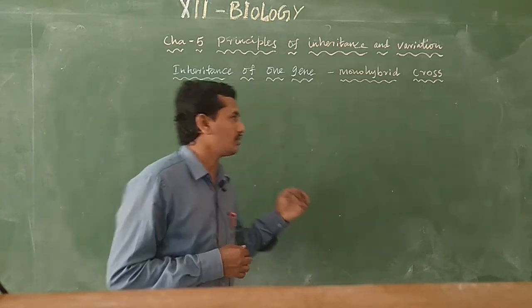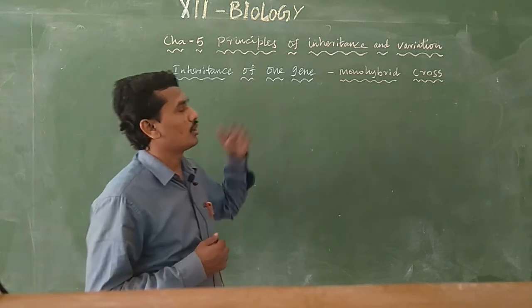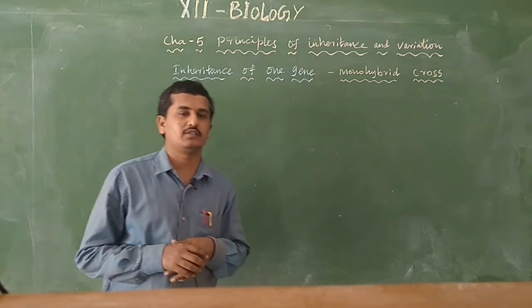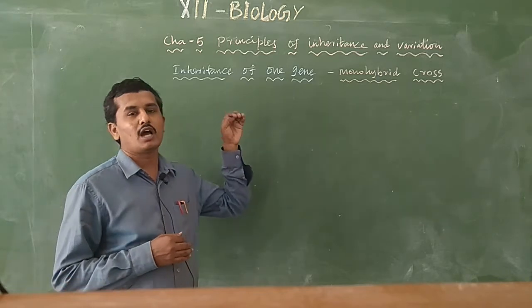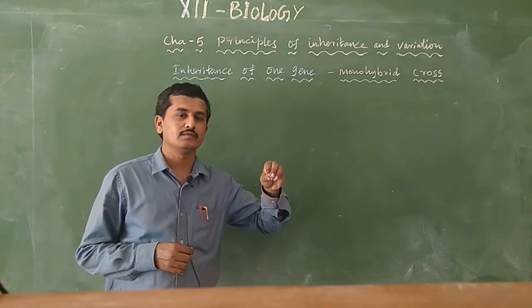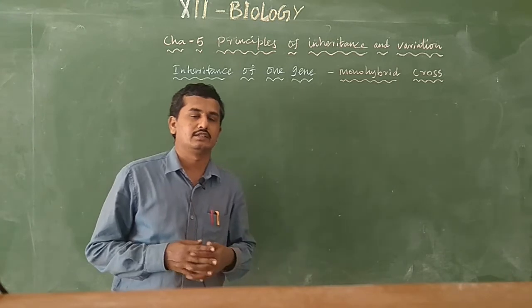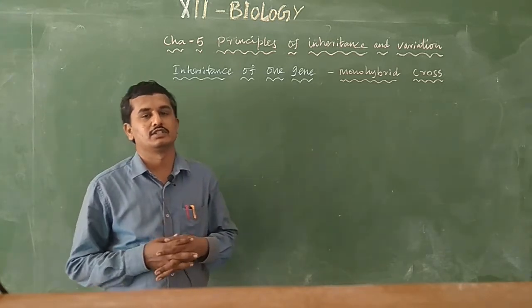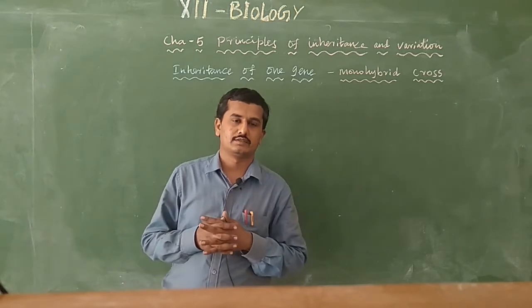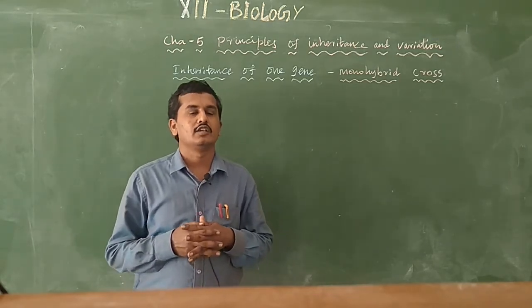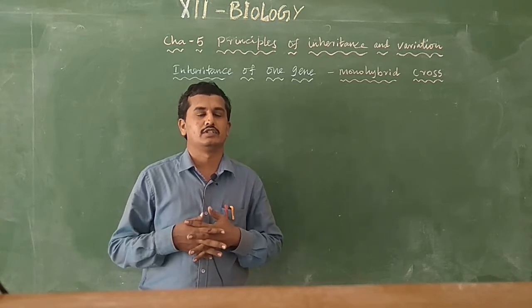How is inheritance of one gene, how do monohybrid crosses take place in the garden pea plant? Inheritance of one gene is how a particular gene inherits a character from one generation to the next generation. For example, tallness is one character. How is the tallness character passed from one generation to the next?